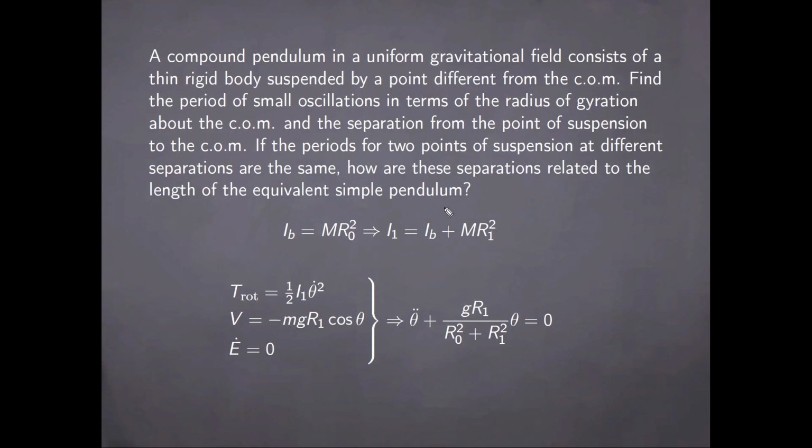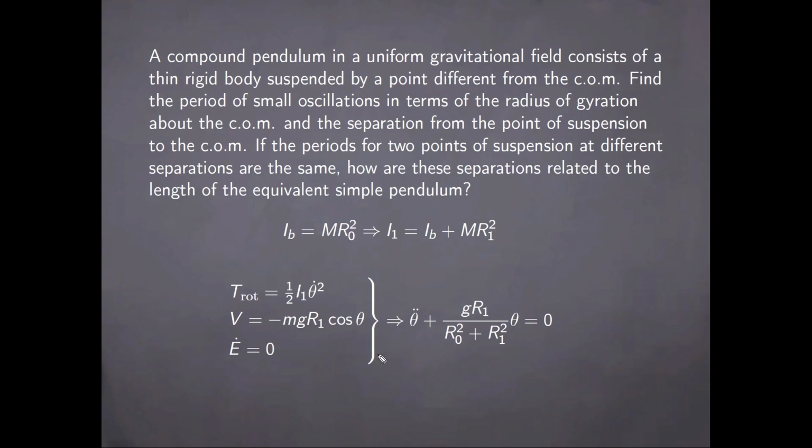So this would be the moment of inertia of interest in case of rotation about an arbitrary suspension point, and then the kinetic rotation energy should be given by the formula here. The potential energy is likewise of a simple expression, and once again the energy in the system is conserved.